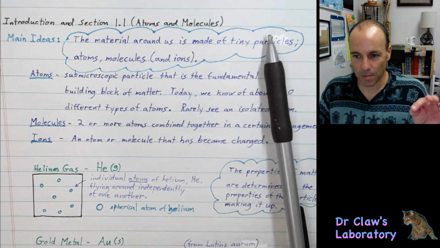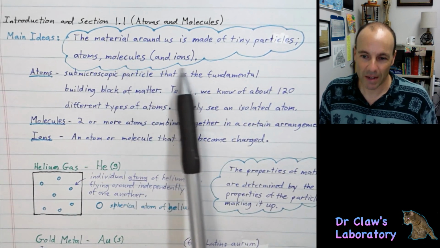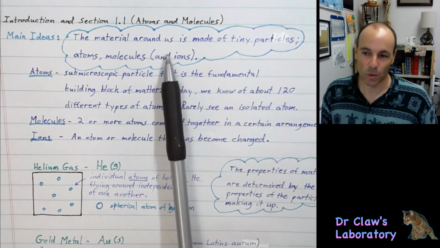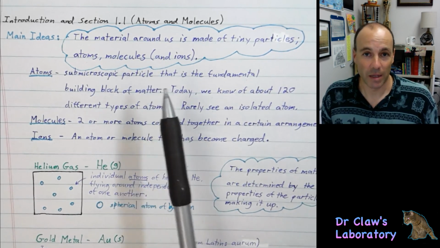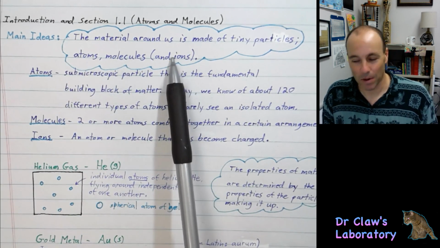We cannot see these particles, but they're there, and we call them atoms and molecules. And I included ions as well. We'll get to ions a little bit later in chapter 2 or 3. But everything's made of tiny particles.